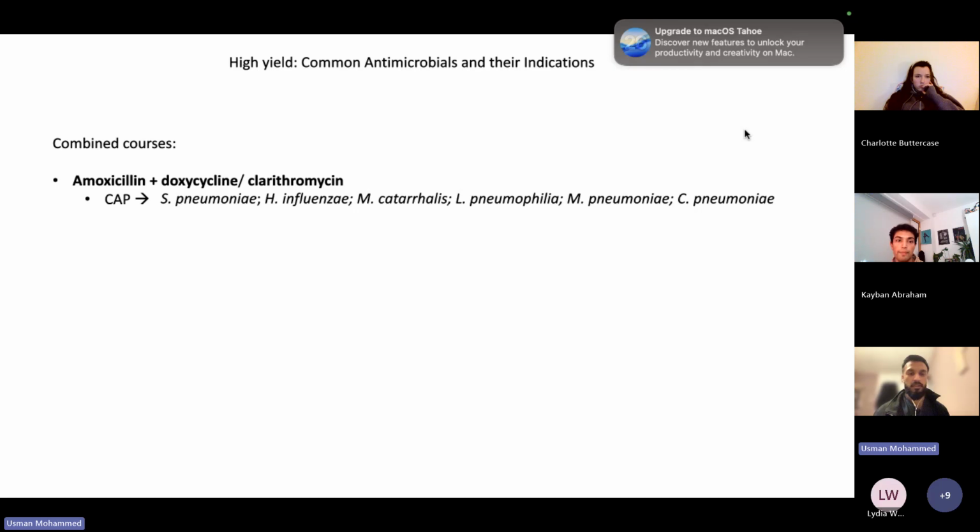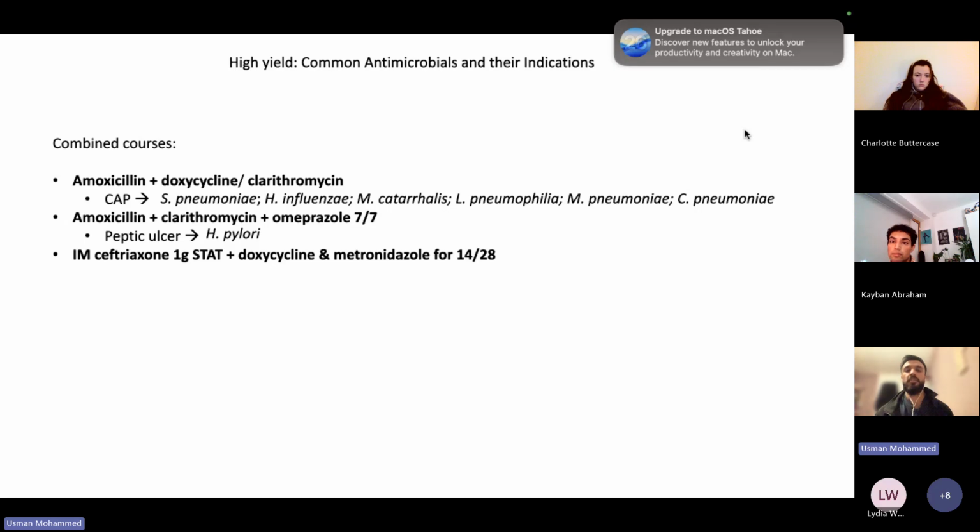They're the most common organisms. Amoxicillin, clarithromycin, and omeprazole. What's that for? Think GI. We've got Helicobacter pylori infection. That's right. H. pylori. Well done.